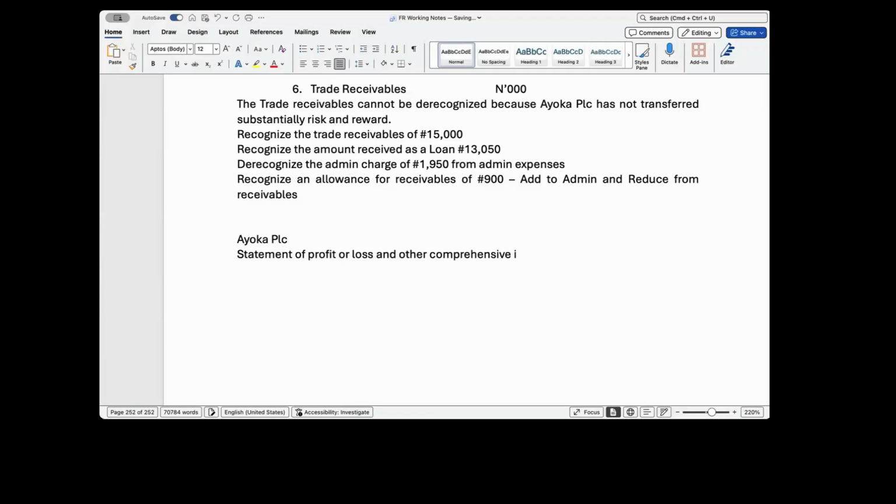Hello, sir. Yes. This 1,950 that we recognized from that admin charge, where are we going to do the double entry? Are we just going to remove it and treat it as finance cost? No, you're not treating it as finance cost.